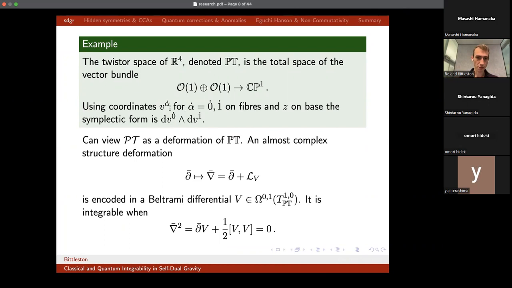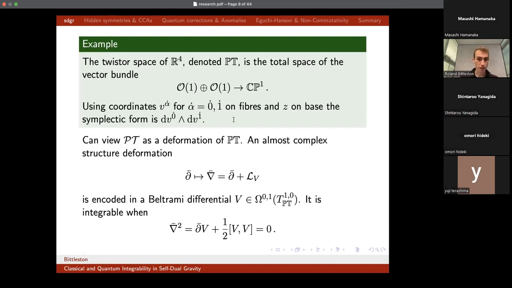I'm going to use the coordinates v^α̇ on the fibers, where α̇ goes between 0 and 1. That just means that this is transforming as a right-handed spinor. And I'm going to use the coordinate Z on the base. Then our symplectic form on the fibers is just dv^0̇ wedge dv^1̇. And it's precisely because those v's are living in some non-trivial vector bundle that this symplectic form has the weight that we saw on the previous slide.